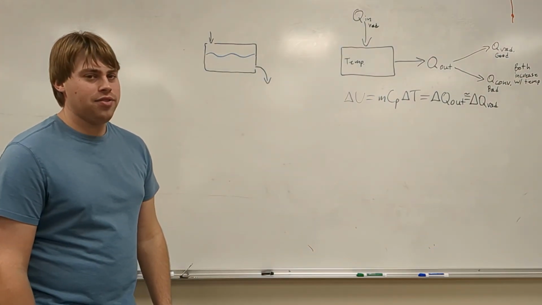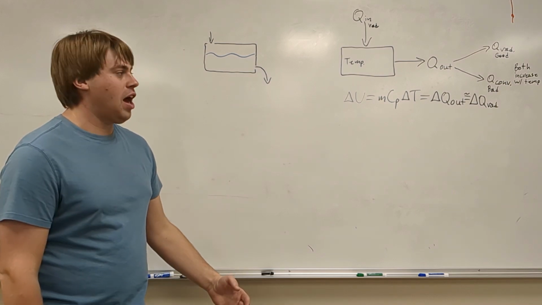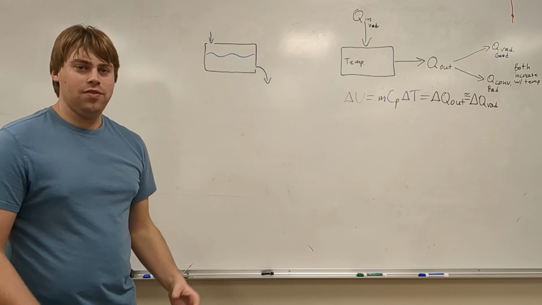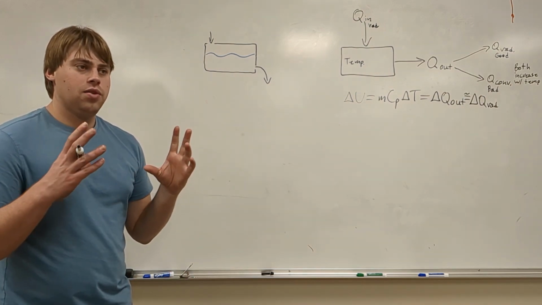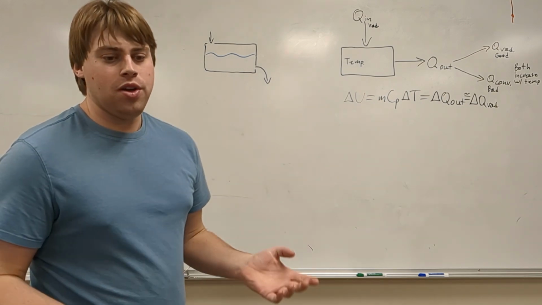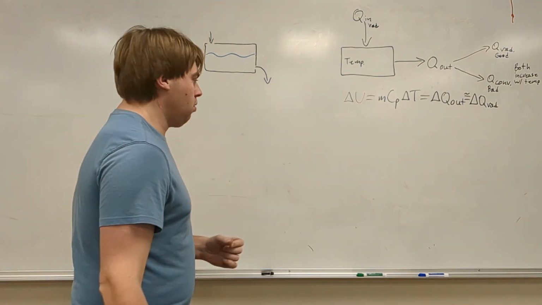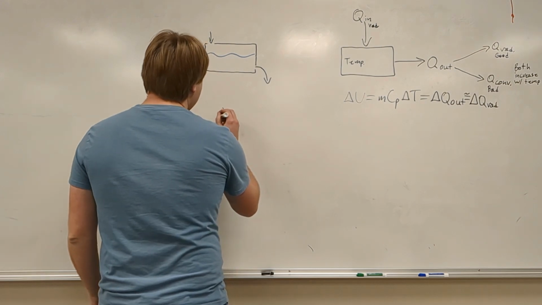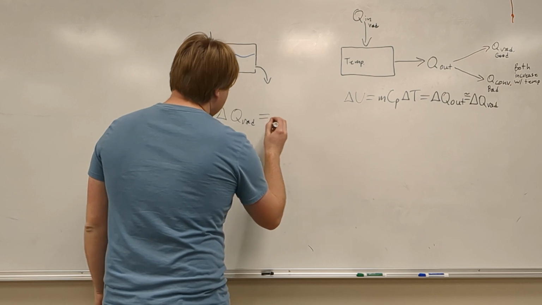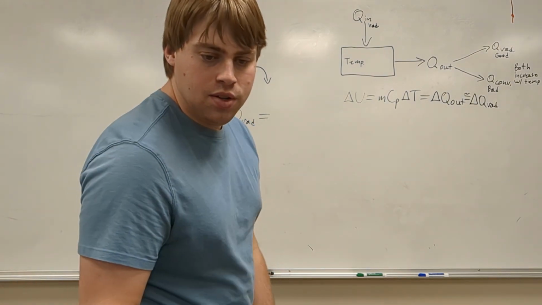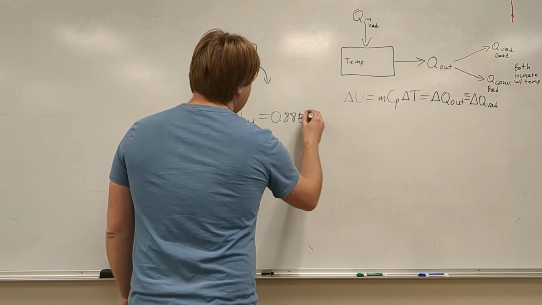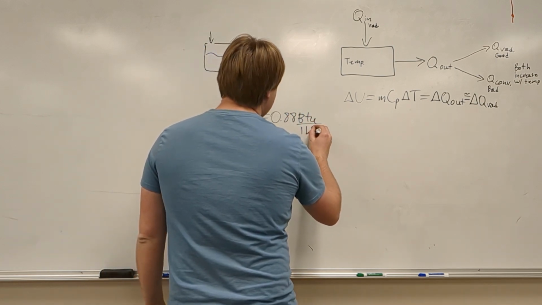Okay, so now after taking a look at all of our data that we've gathered and applying this relation, we're able to come to the conclusion of the changes in radiated energy between the two pieces of concrete. Our value that we got for the angled wall for our change in Q radiation was 0.88 BTUs per pound mass.